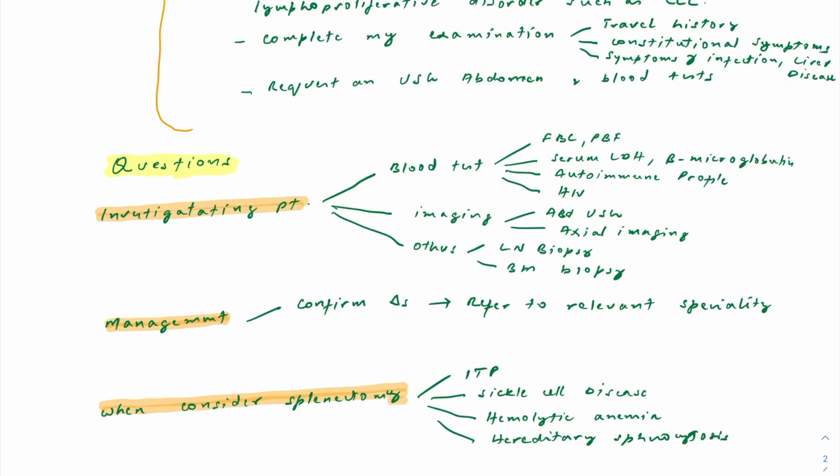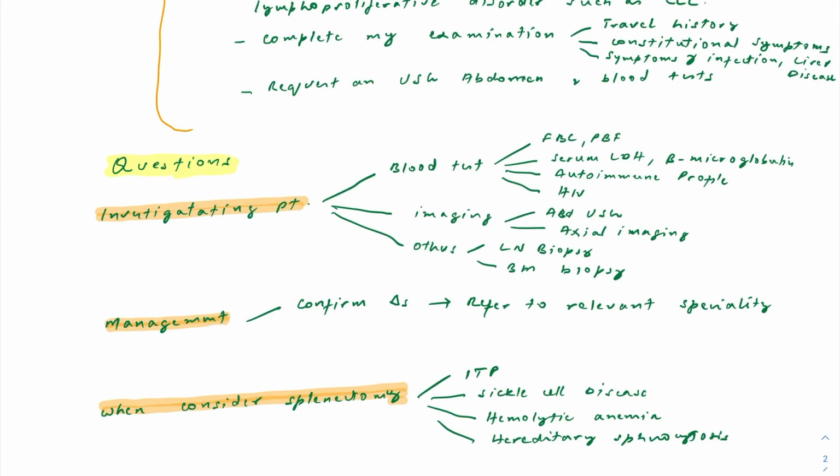First of all, I'd like to do some blood tests. What blood tests do we want to do? I want to do the full blood count and the peripheral blood film. In the full blood count, maybe I'm looking for any polycythemia, maybe for any neutrophilia. I'd like to do serum LDH and beta-2 microglobulin, because I'm thinking about amyloidosis. We want to do the autoimmune profile.